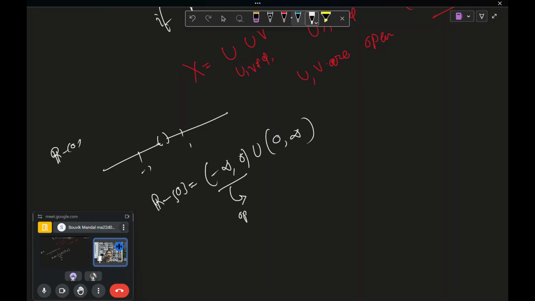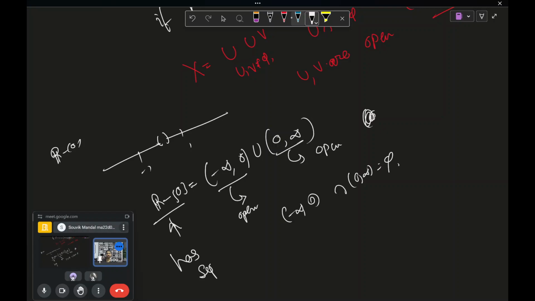This is open. This open 0 comma infinity is also open, and their intersection is empty. Hence, R minus 0 has a separation. So it is disconnected. So it is not connected.